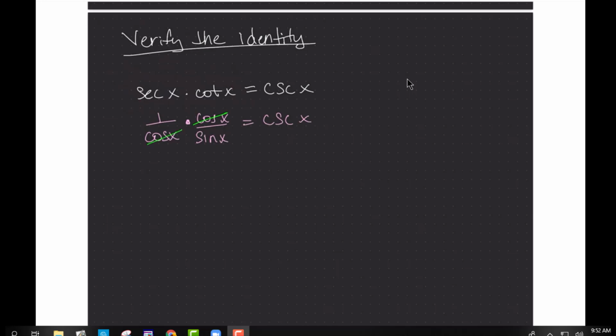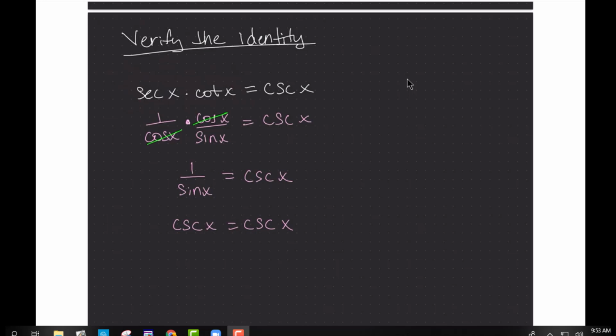And then what am I left with? 1 over sine of x. And we're hoping that equals cosecant of x. And what's 1 over sine? Cosecant. Cosecant of x equals cosecant of x. Told you they were equal.